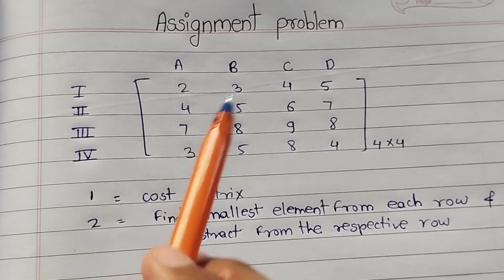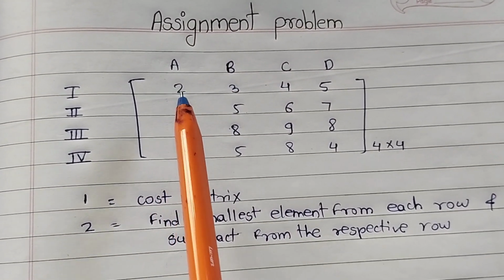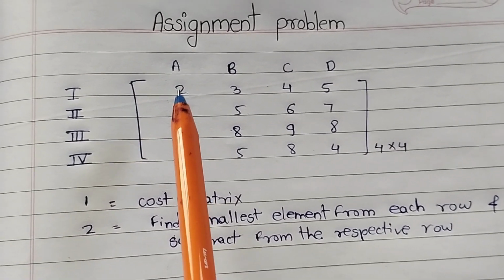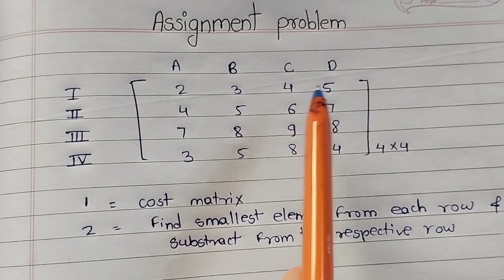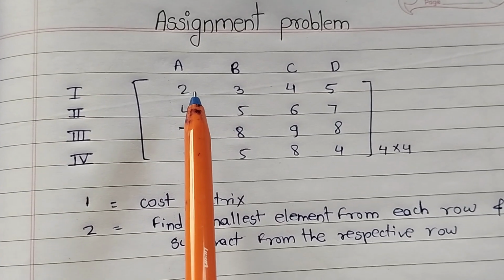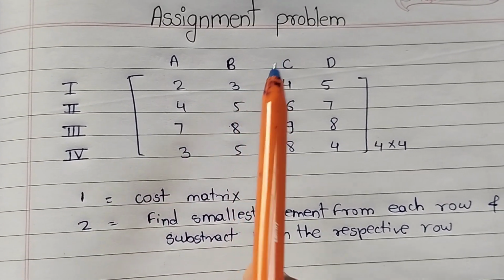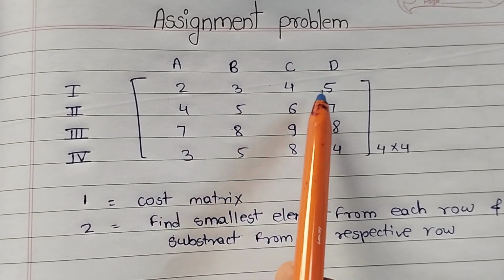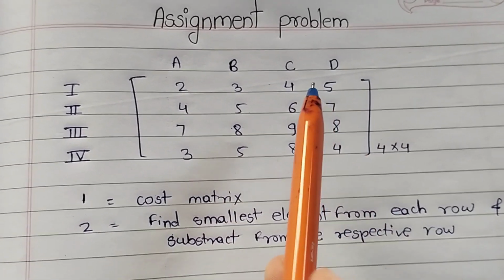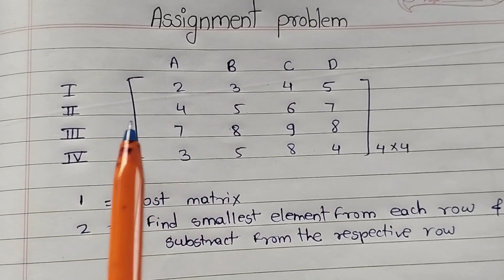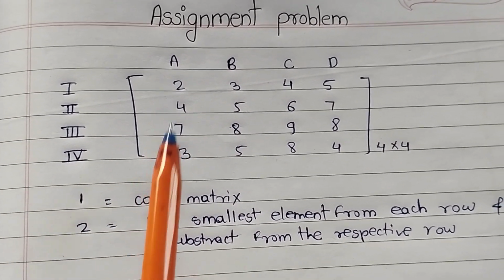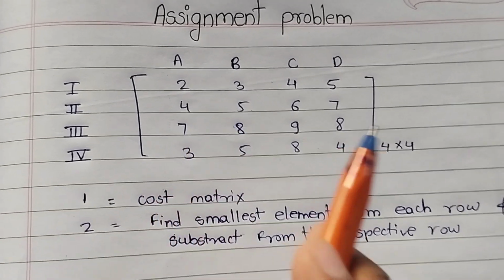So from the first row, 2 is the smallest element, then subtract 2 from each element of the first row. That means 2 minus 2 is 0, 3 minus 2 is 1, 4 minus 2 is 2, 5 minus 2 is 3. In this way find all the smallest elements from each row and subtract from the respective rows.